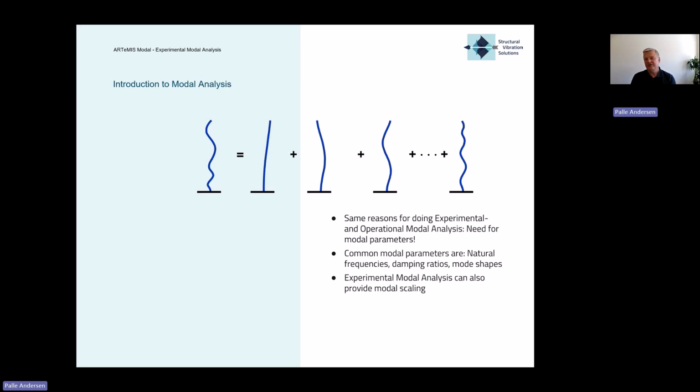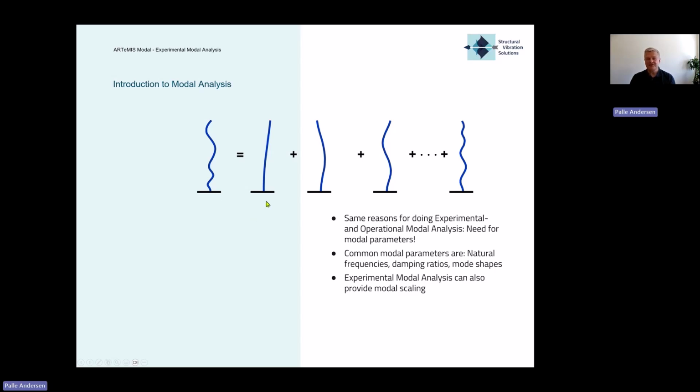Based on this information, modal analysis can take us from this physical domain that you could imagine we are in on this side, to what we call the modal domain on the other side. Here things are much more structured than when we look at the vibrations in the physical domain.